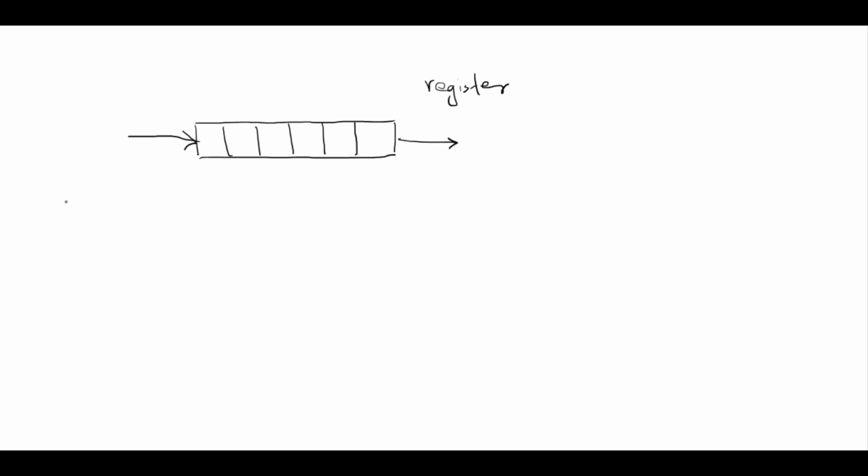Let's suppose at time instant t1 you apply 1 here. It will be stored here. Then at t2 you again feed another 1. This 1 will be stored here and the previous 1 will move here.